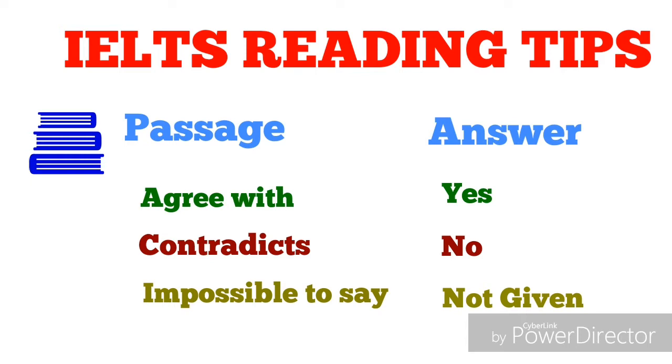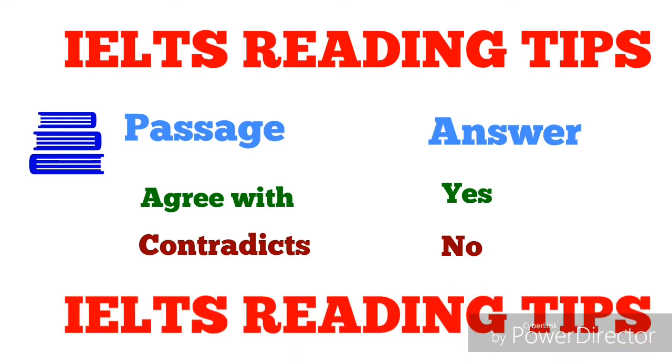Now let's start with the yes no not given questions. Yes no not given questions are quite similar to true false not given questions, because here you need to decide if the statement is correct according to what is written in the passage, incorrect according to what is written in the passage, or not mentioned in the passage.